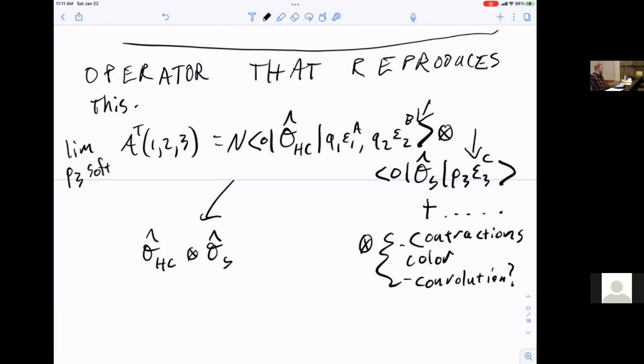I can have additional soft radiation. I can have additional collinear radiation. And this operator will interpolate it all. So that this operator here will describe 2-jet X decays.